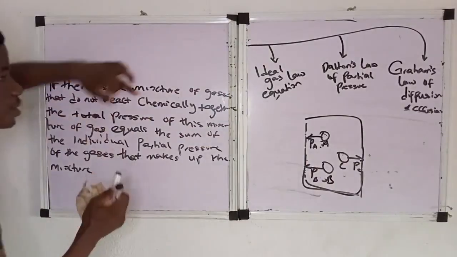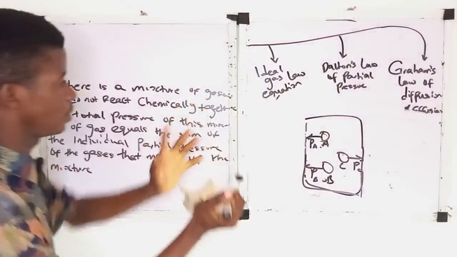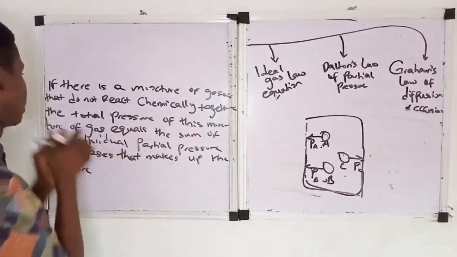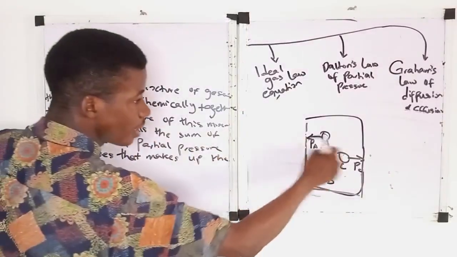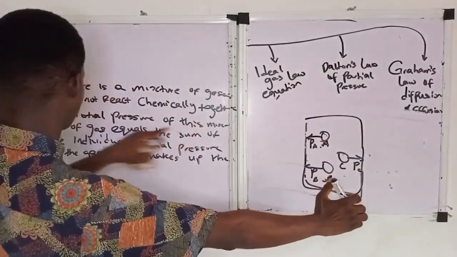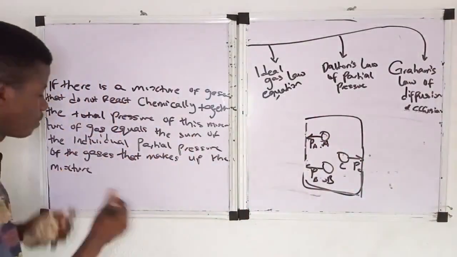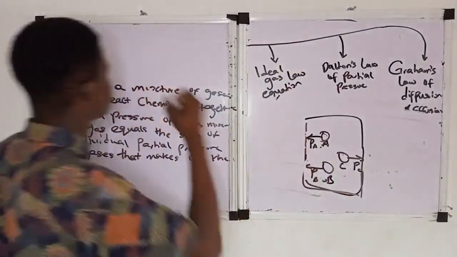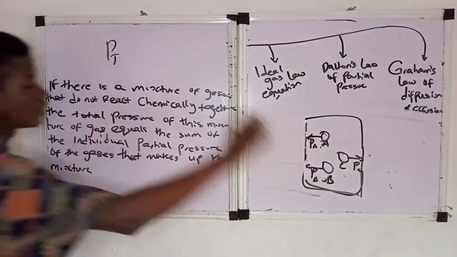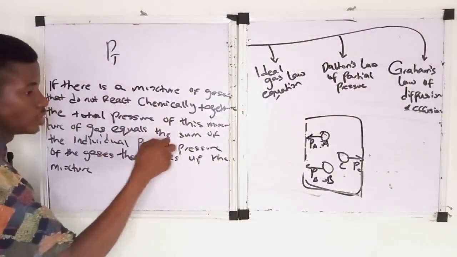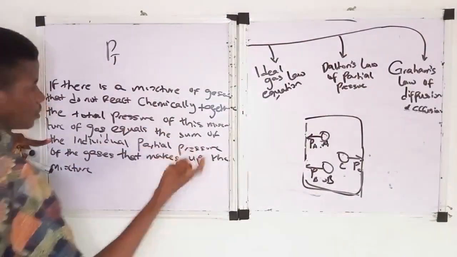So if there's a mixture of gases that do not react chemically together in a container, the total pressure of all these gases, let's call it PT, equals the sum of the individual partial pressures.